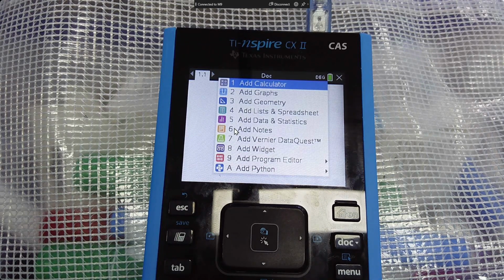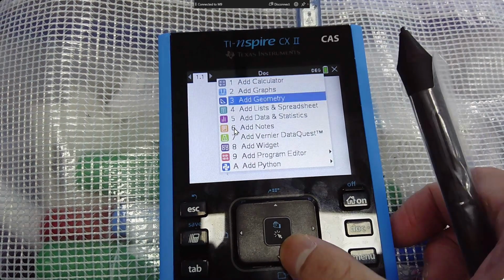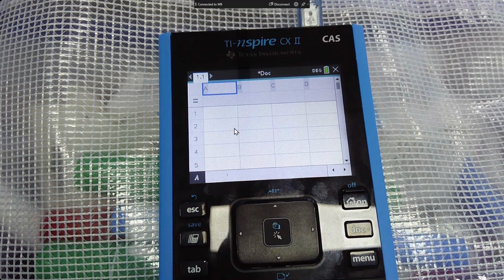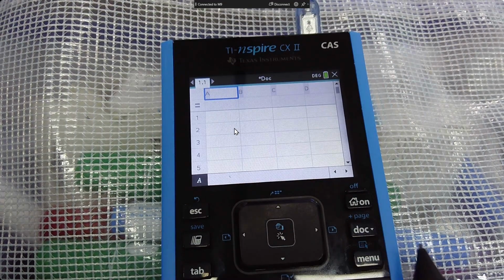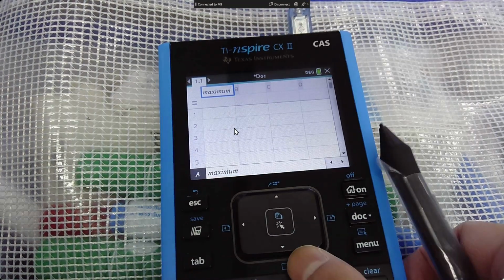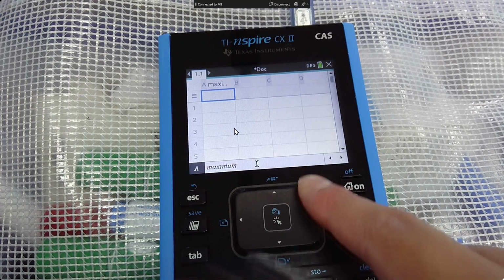So you want to go to the list spreadsheet, and we've got 2 variables. The first variable is maximum, and the second variable is called minimum. We're talking about temperatures here.